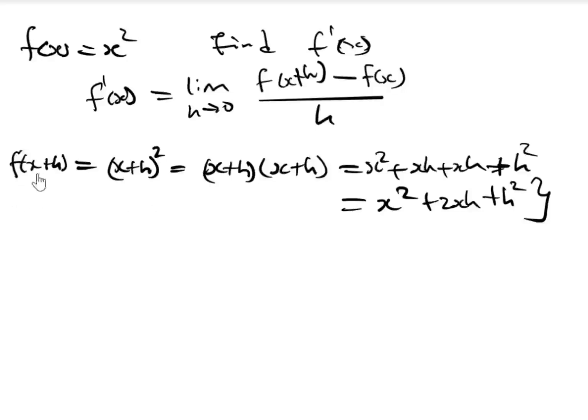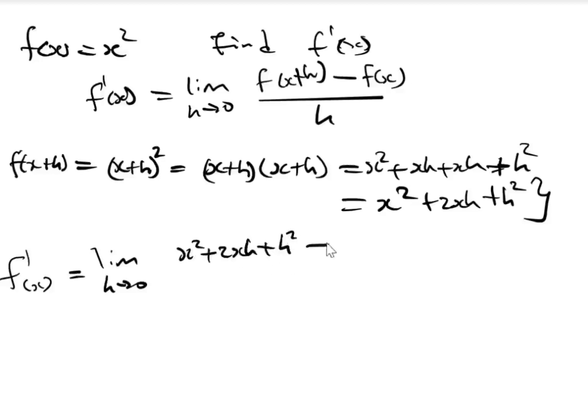Substituting f of x plus h and f of x in this formula, we have that f prime of x is equal to the limit as h approaches 0 of x squared plus 2xh plus h squared minus x squared, divided by h. x squared and x squared can go.